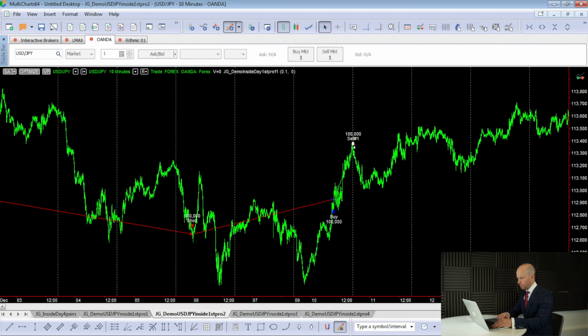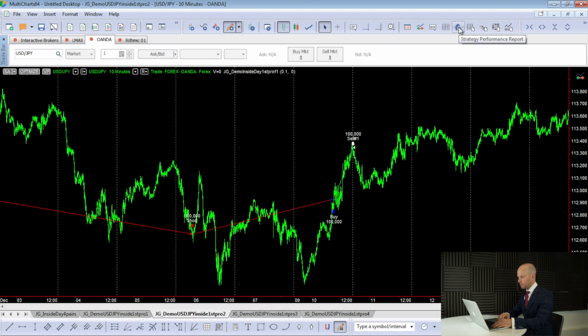Looking back at some more examples, this one here, for example, we've gone short, and at the end of the day, it obviously wasn't in profit, so it held it, and we didn't exit until we had a new buy signal from this inside bar here. This is actually an inside day, so we've got a buy signal here, and then we exit that long at the end of the day because we're in profit.